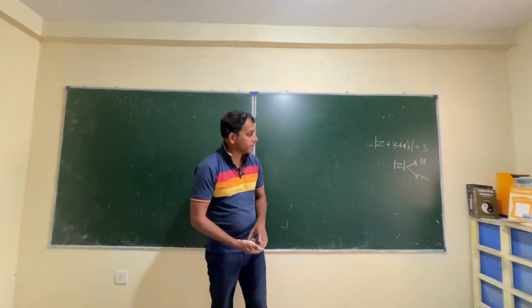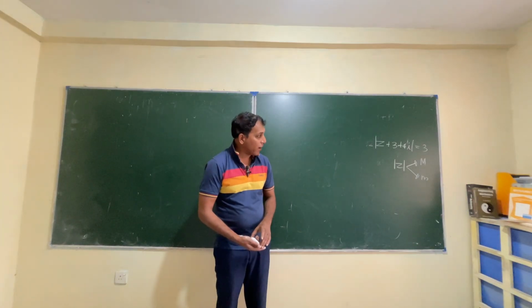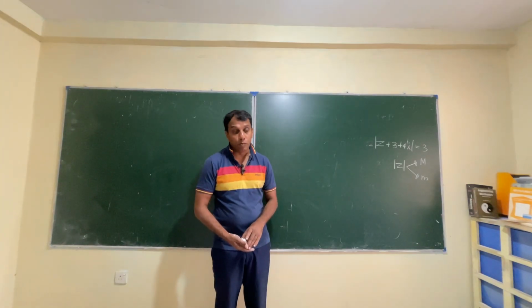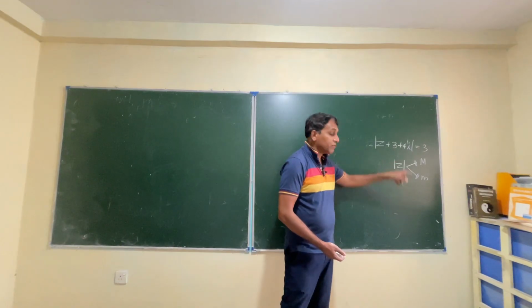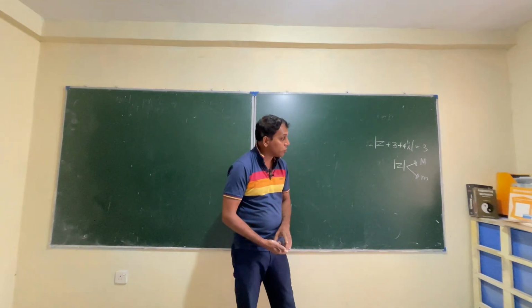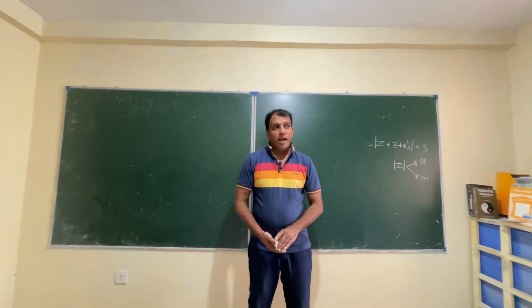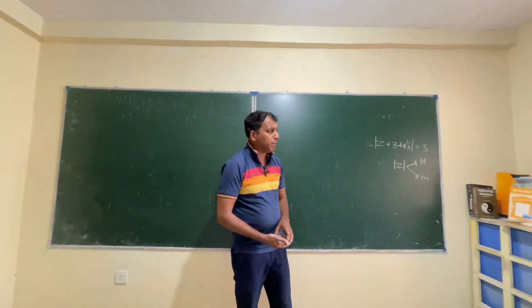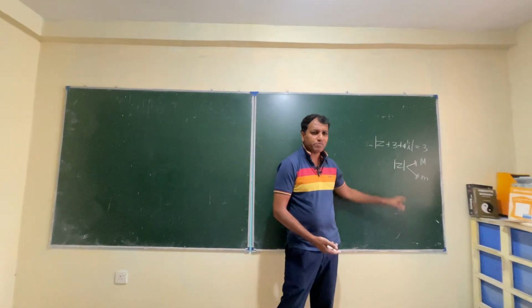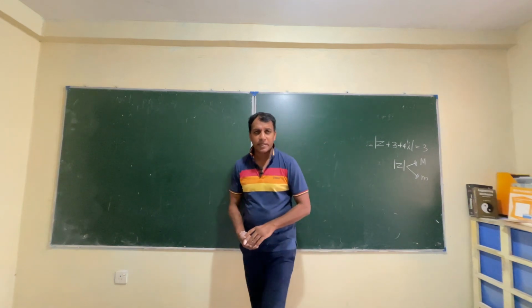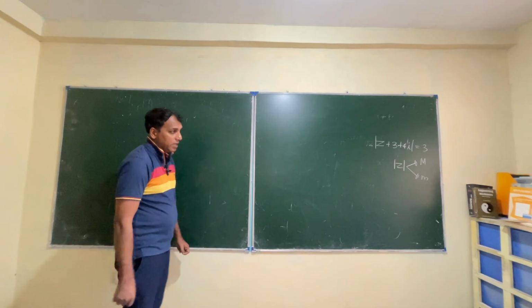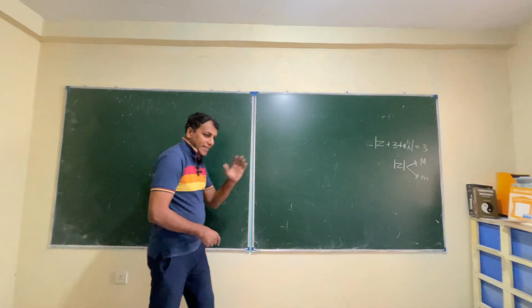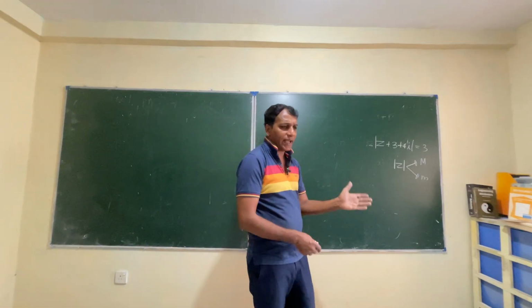The problem says: on an Argand diagram, a complex number z moves such that the modulus of z plus 3 plus 4i equals 3. Find the maximum and minimum of mod z, and find the ratio maximum divided by minimum, highest and least.